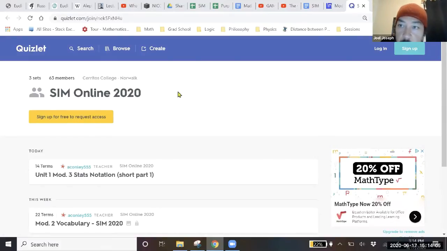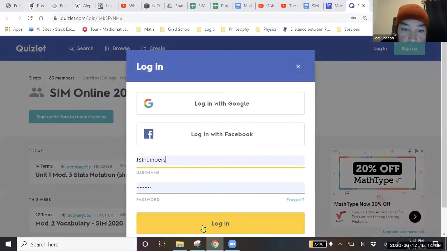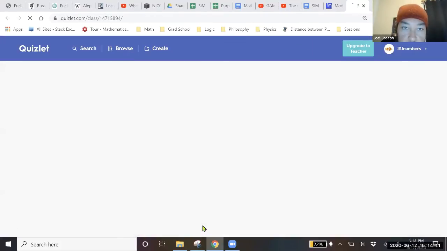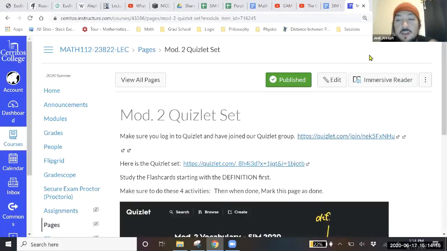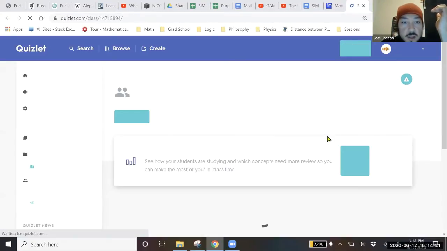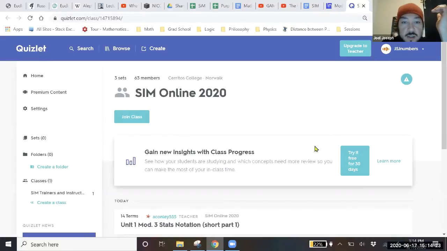But if I were to sign in, and I'm going to close that window, let's say I left my browser signed in, I believe when I click on this link, it won't take me to that window. It takes me directly into the group.